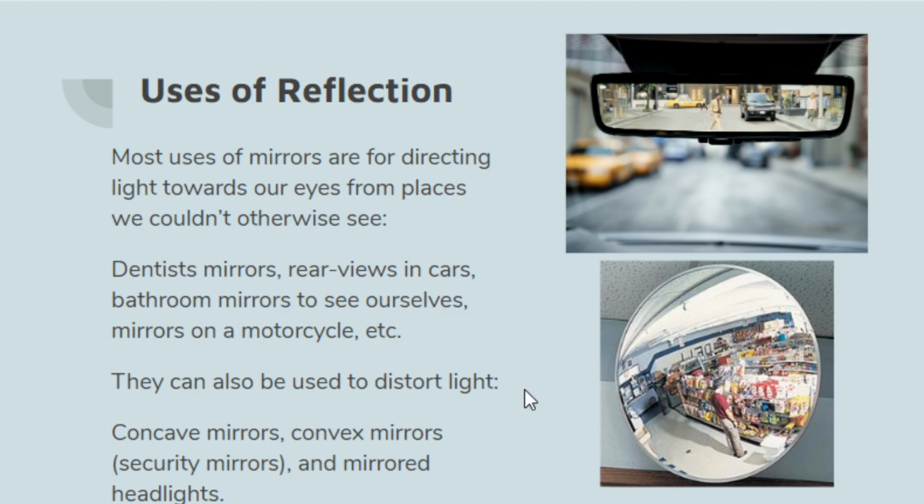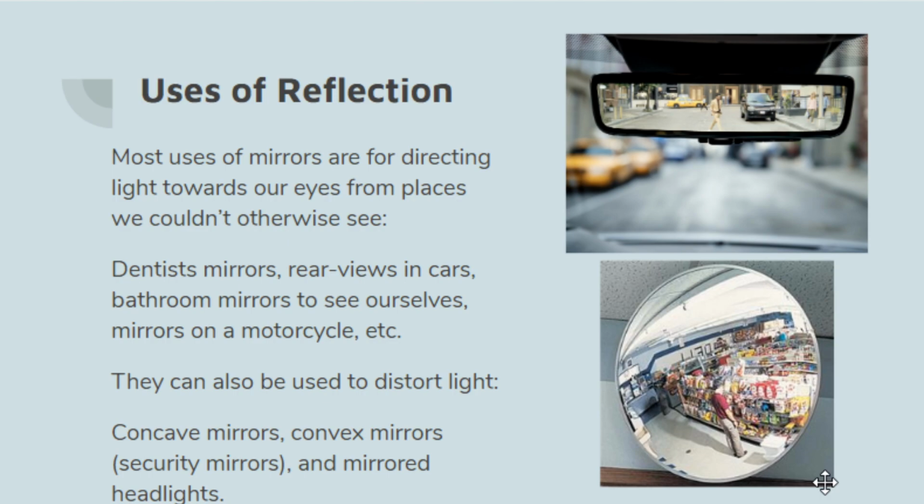But mirrors can also be used to distort light, and we're going to get into concave and convex stuff. You've seen it before, we'll get into it in a little more detail. But concave and convex mirrors are useful for certain things. Convex mirrors in particular, like this one here, are useful for security mirrors. What they're doing is they capture light from a larger area because they're bent outwards.